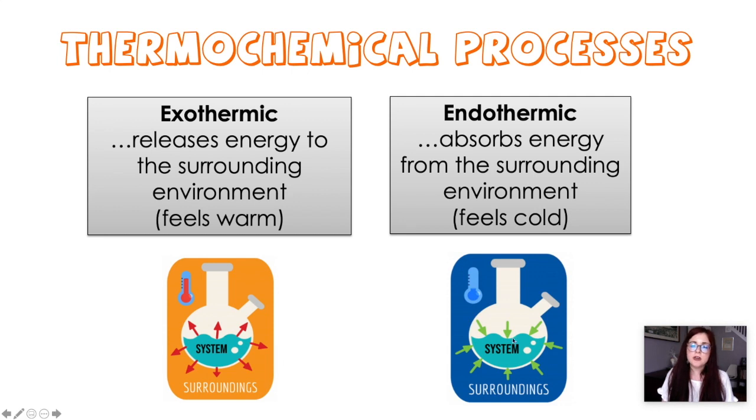Notice here that your system is absorbing energy from the surrounding environment. A great example is one of those cold packs that you crack. If you get injured, you snap that little thing inside and it starts to feel cool.